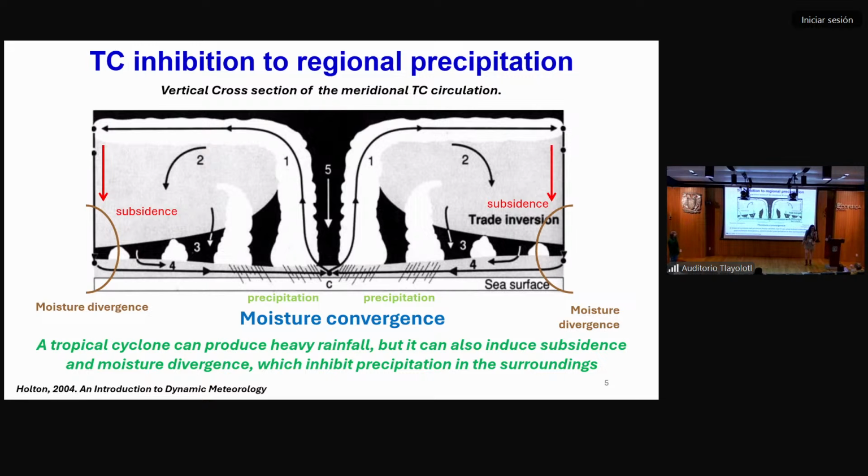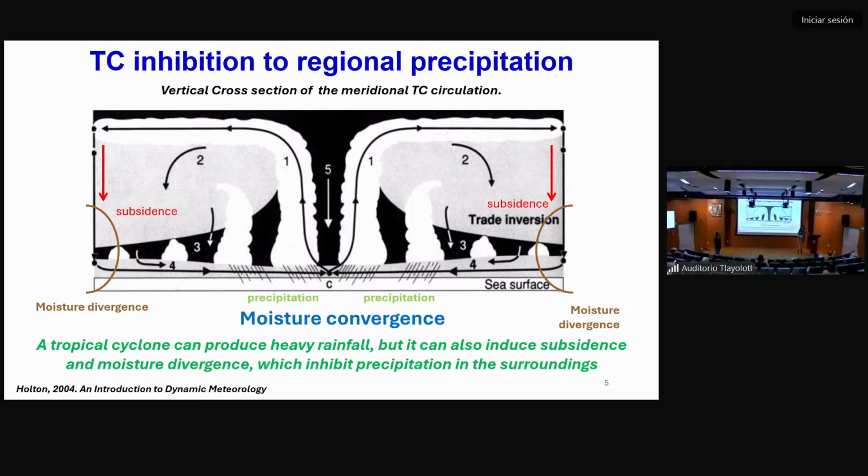Yeah, thank you so much. That's one of the aspects that my student explored too, but we didn't find any relationship with the occurrence of cold surges, right? Sometimes you can have a mesoscale convective system that travels northwards and affects, for example, Sonora, but other times you can have a cold surge without a mesoscale convective system.